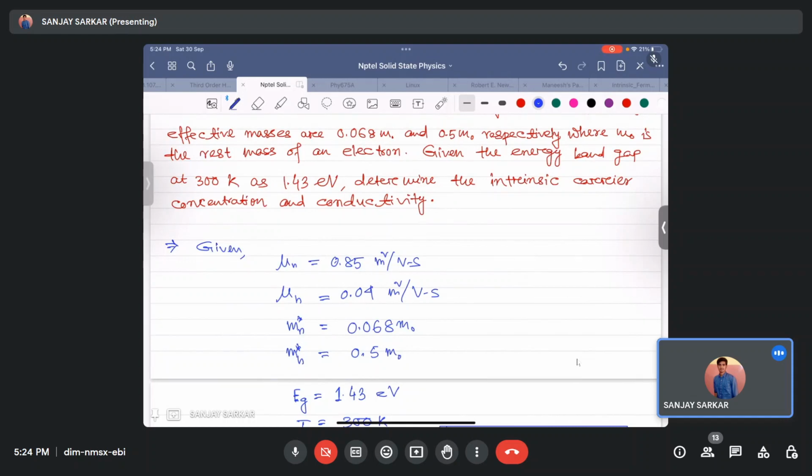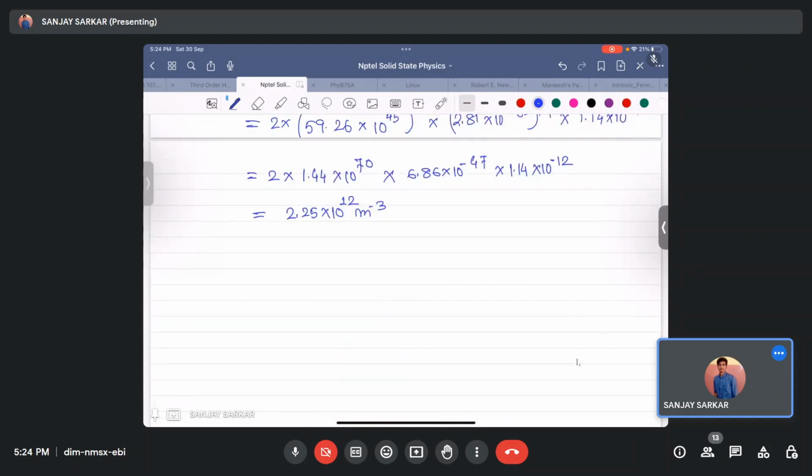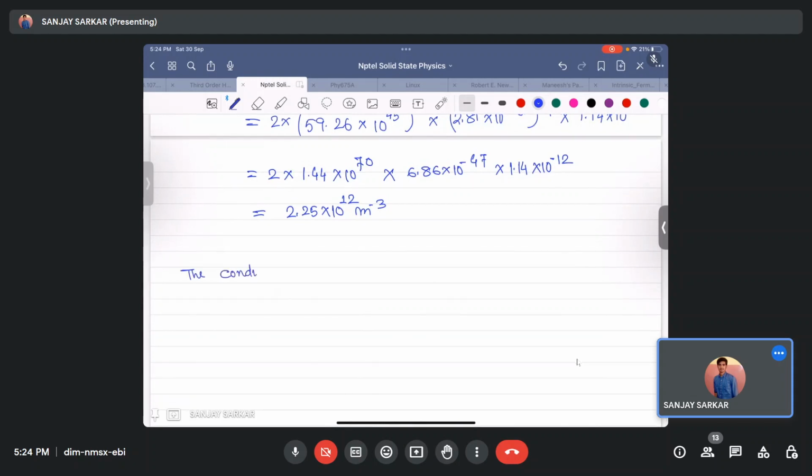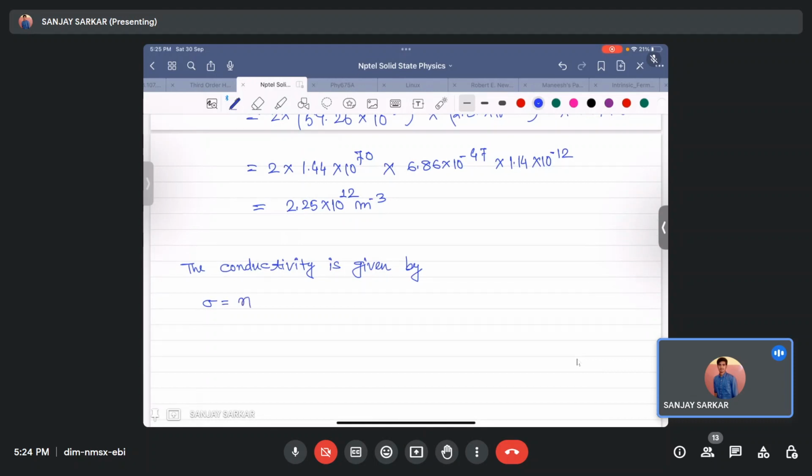So the conductivity formula for a semiconductor is given by sigma equal to, now you know the intrinsic carrier concentration, so you can write the conductivity in terms of intrinsic carrier contribution, which is n_i e into (mu_n plus mu_h).